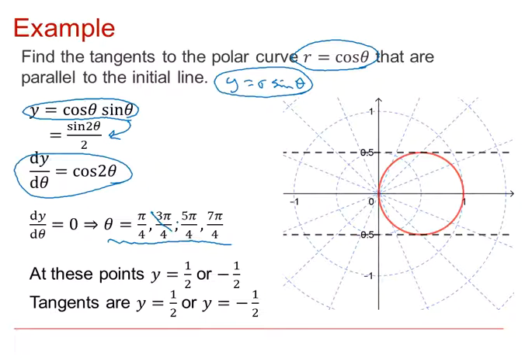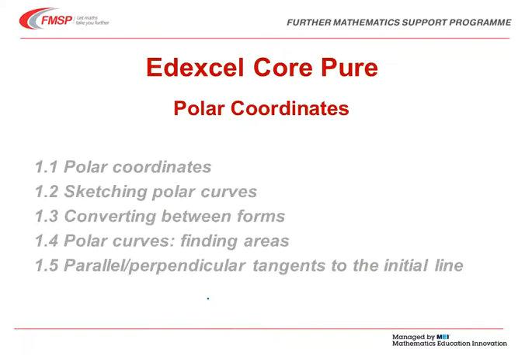We could dismiss these two values of theta because they gave us negative distances, and we're really interested in the positive distances. And by subbing pi by 4 and 7 pi by 4 back into the y equations, we were able to find the equations of those parallel tangents. That brings us to the end of polar coordinates.